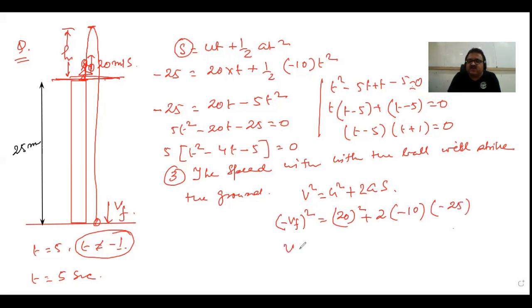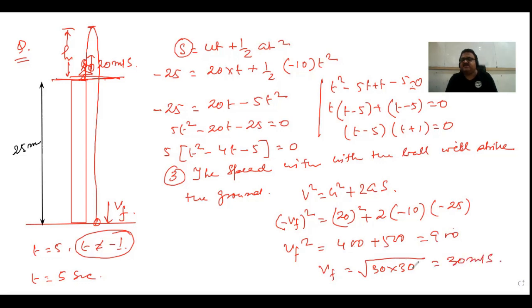Now, in this way, if I calculate, Vf square is 400 plus 500, that is 900. That means Vf is equal to root 900. Root 900 means 30 into 30. That means with a speed of 30 meters per second. Clear? So this is the answer.